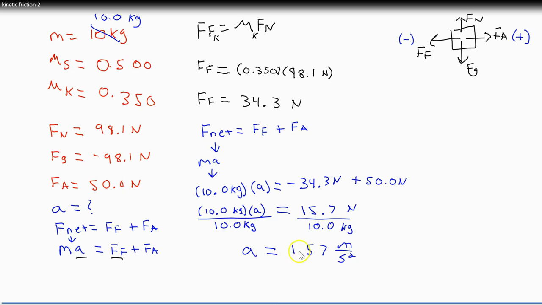This positive value is consistent with what we thought would happen. The positive value means it's towards the right. This makes sense because we know that it's the applied force that's resulting in this thing's motion, that is resulting in the acceleration. True, the net force is what causes the acceleration, and the net force is less because of this frictional force.